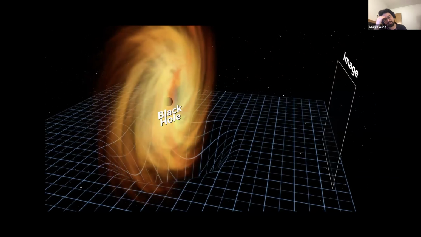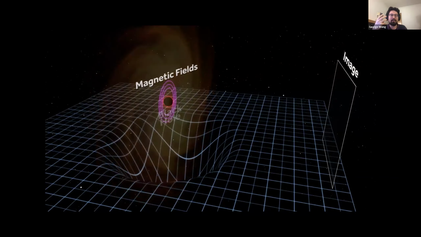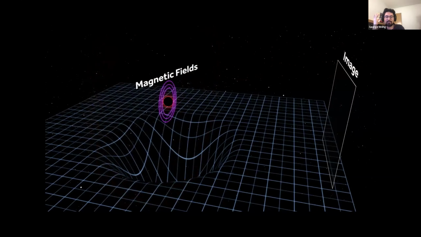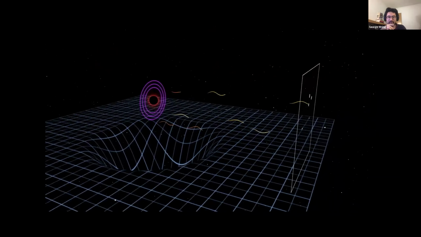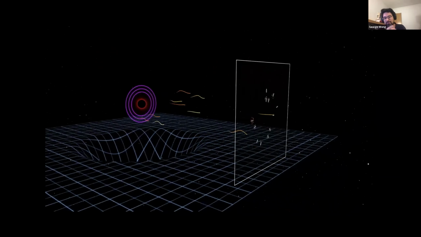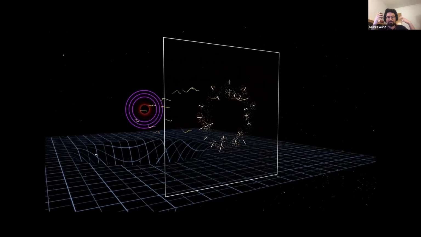And so again, you see that there's this black hole surrounded by plasma. And let's say that we know that the magnetic fields take this particular orientation, circularly wrapping around the black hole. So when the light is produced in the system, the little photons will be produced and streamed to the camera.